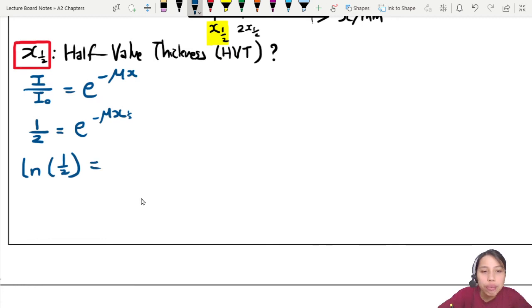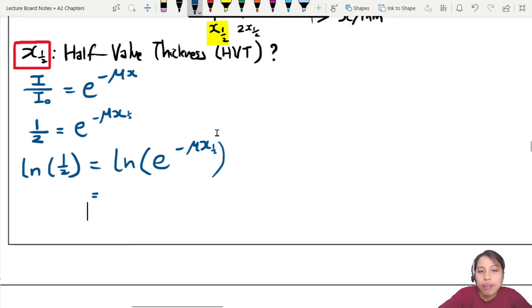So ln half and ln of e to the power of negative mu x. Now this one has a very nice magic, because when you take a log, if there are any powers inside the bracket, you can take them out like this. So x half times the natural log of e.